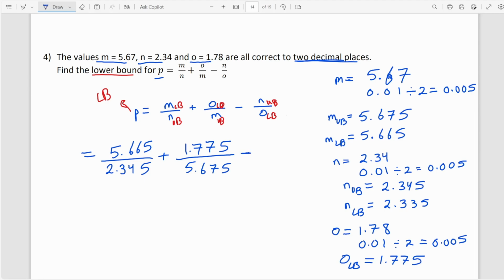Finally, minus n upper bound, 2.345, divided by o lower bound, which is 1.775. Okay. And well, now you just go ahead and plug all of those numbers on your calculator. You can just plug the whole expression. You don't have to do it step by step. It makes it easier.